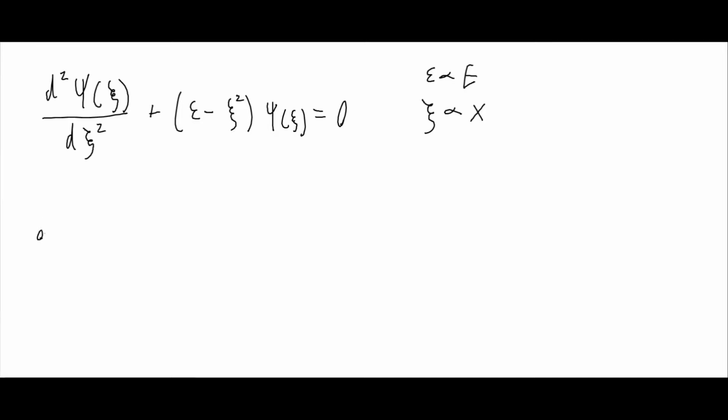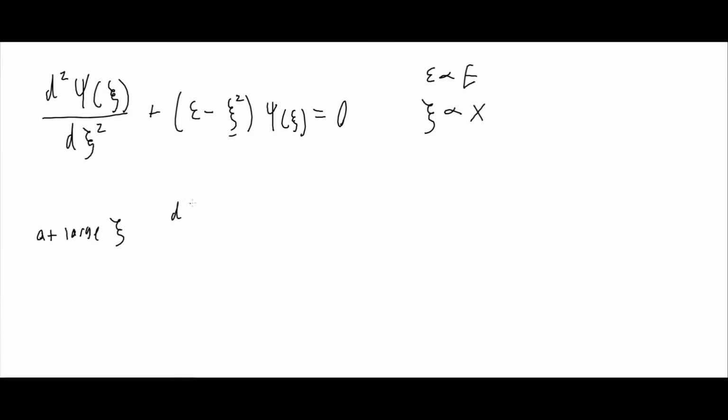At large xi, this xi here is going to start overpowering this epsilon here to the point where we can say that this epsilon is approximately equal to 0.